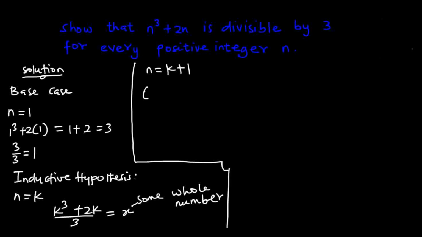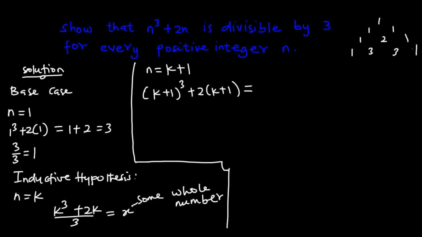Now you will have k plus 1 to the power 3 plus 2 multiplied by k plus 1. I can rewrite this in a different way by expanding the bracket. I'll use Pascal's triangle: 1, 1, 1, 1, 2, 1, 1, 3, 3, and then 1.